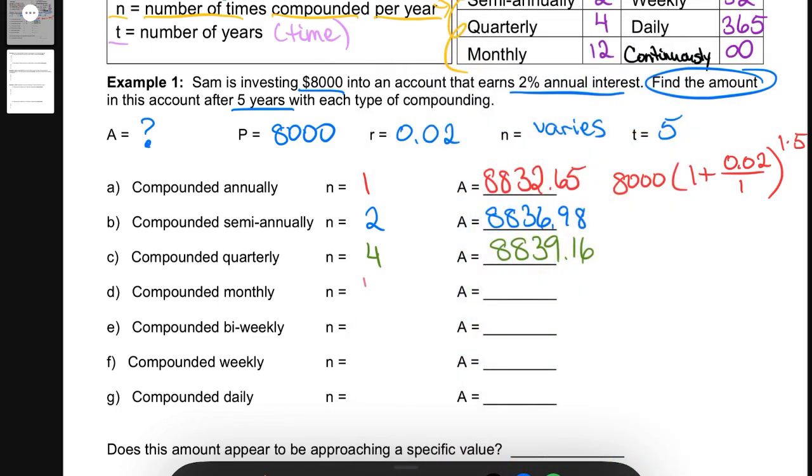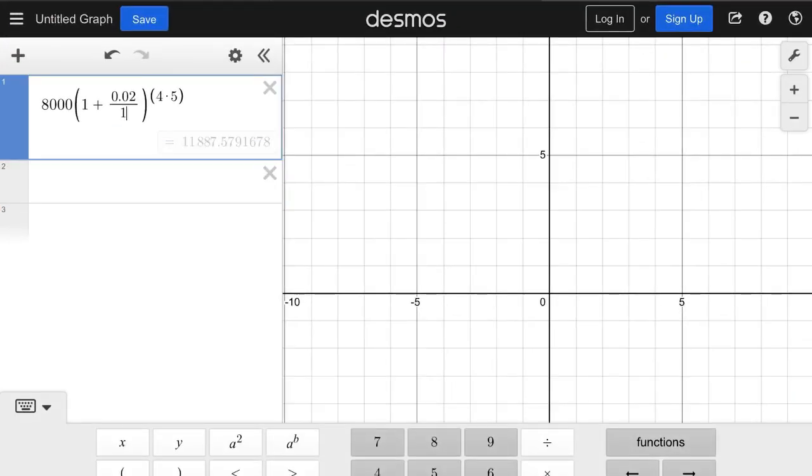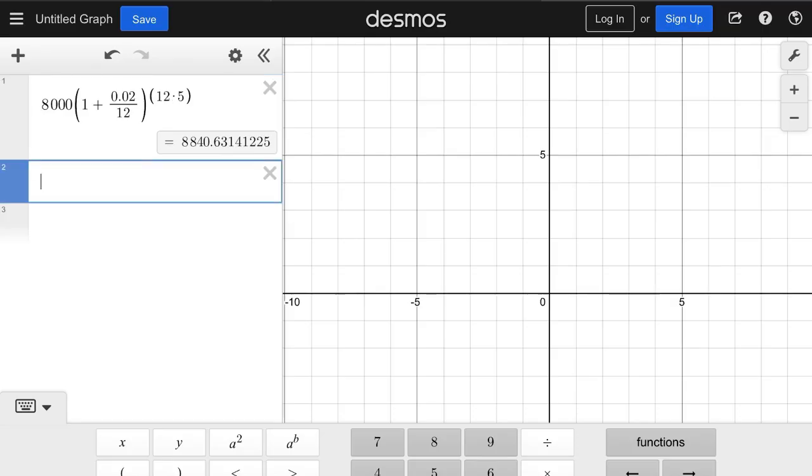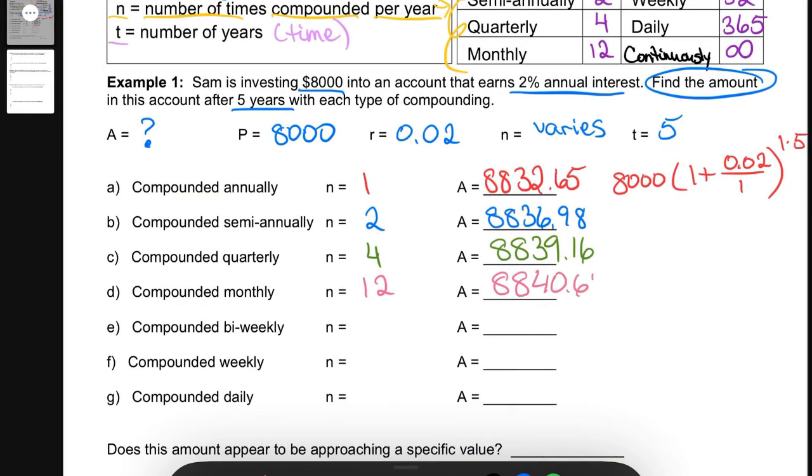When we are compounding monthly, that n is 12, 12 times a year. So change these to 12s, not 412, just 12. And we have 8840.63. So we're getting a little bit more money here every time.